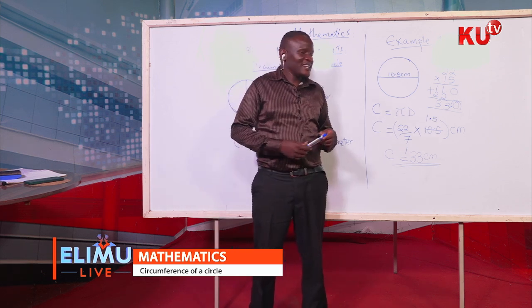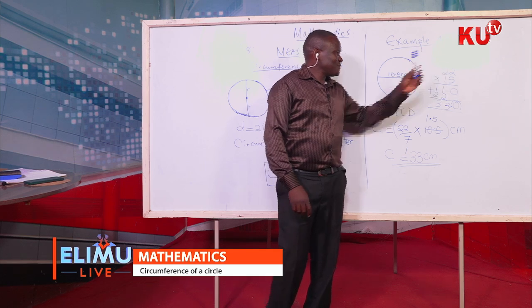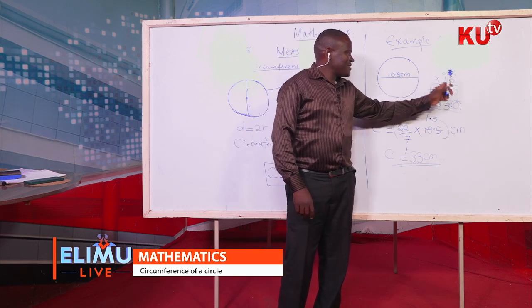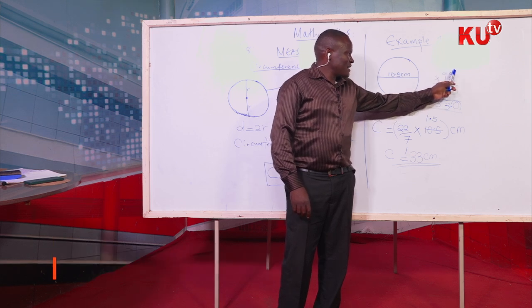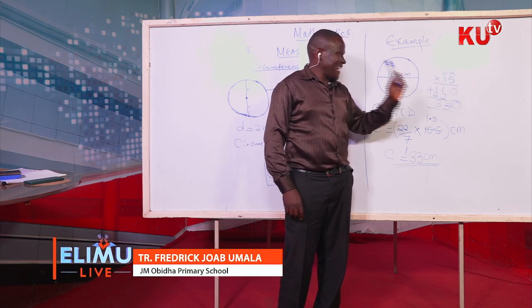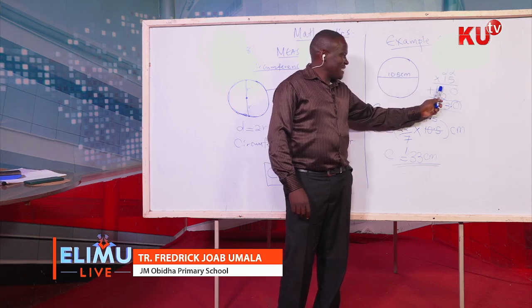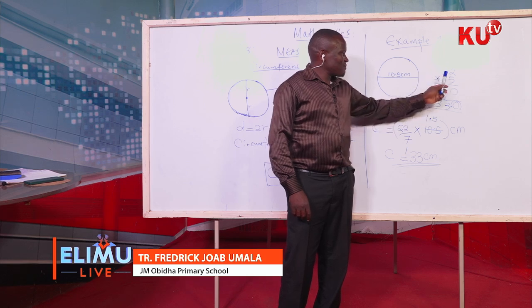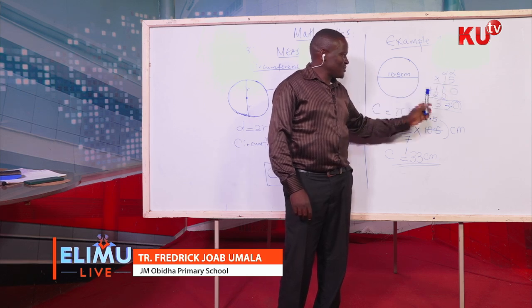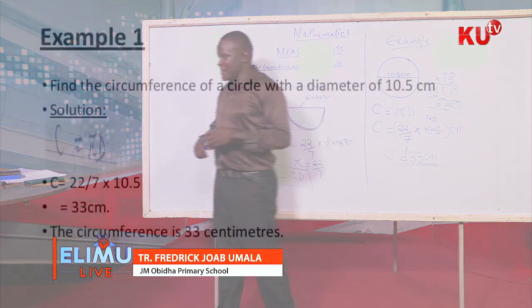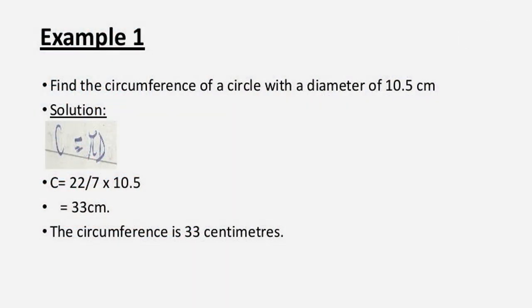So therefore we proceed to multiply 22 by 15. 2 times 5, 10, so we write 0, we carry 1. 2 times 5, 10, plus 1, 11. Then 1 times 2 is 2. 1 times 2, 2. Then we get our answer as 33.